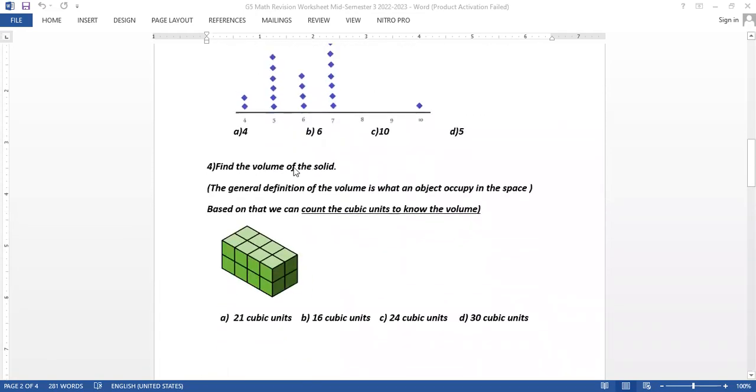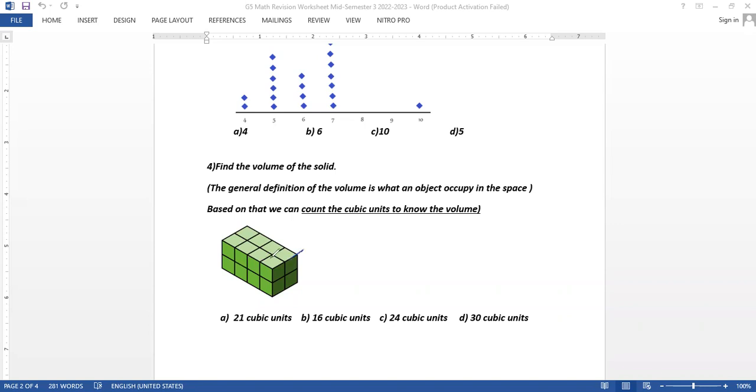Other question. Find the volume of the solid. The general definition of volume is what the object occupies in space. Based on that, we can count cubic units. Some cubic units we cannot see, but we need to take them into consideration. Here, I will make it easy for you. This has 2 layers, an up layer and a down layer. So I need to count the cubes in one layer.